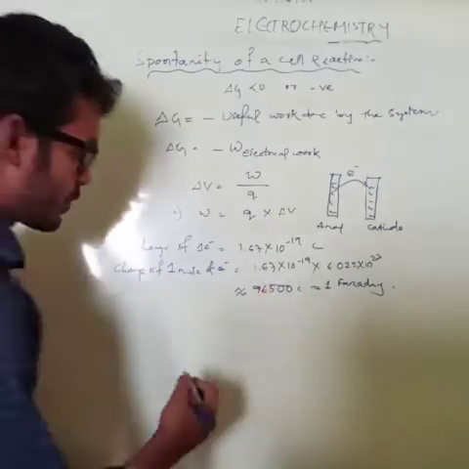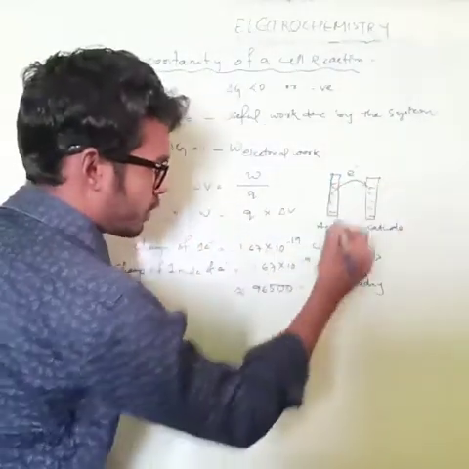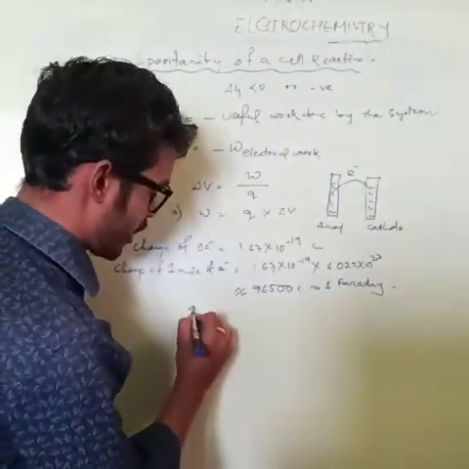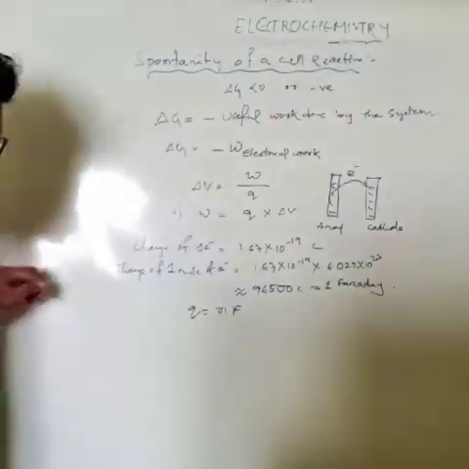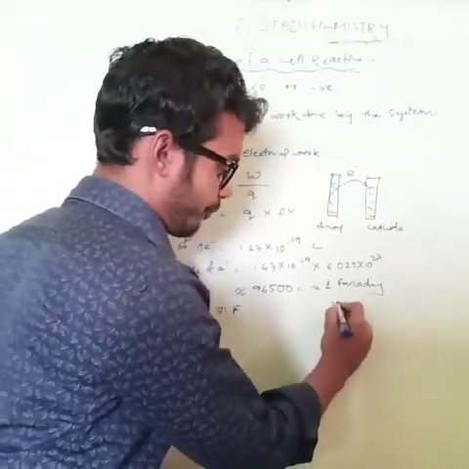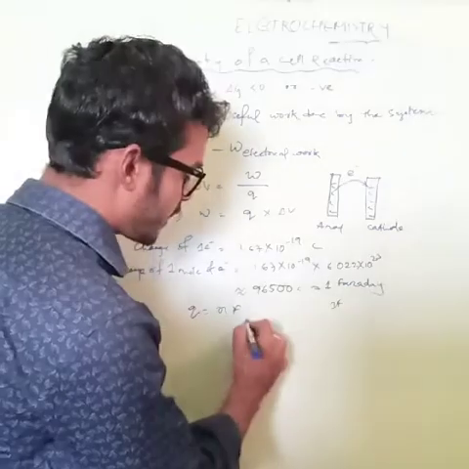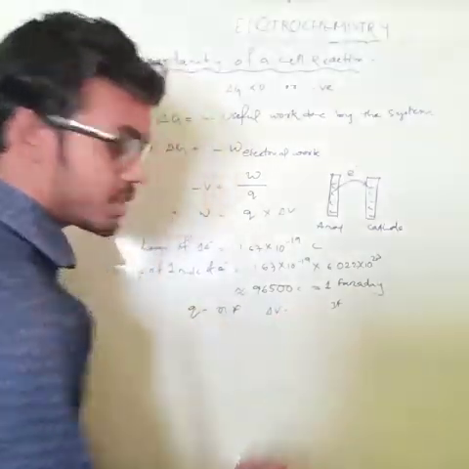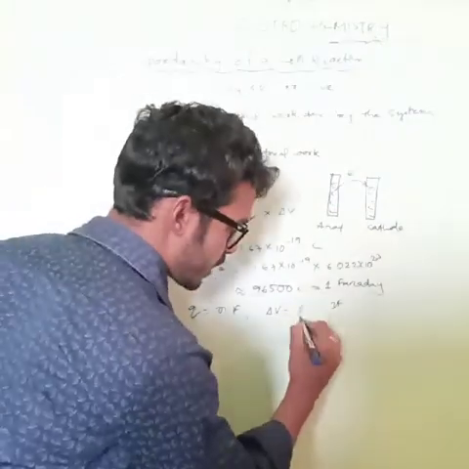Suppose there is n mole of electron transferred from anode to cathode. How many? N number of. So charge will be nF. Yes or no? For 1 mole, that is 1F. For n mole, that is nF. And what is the potential difference here? Del V is the potential difference, and here we are writing the potential difference as E cell.